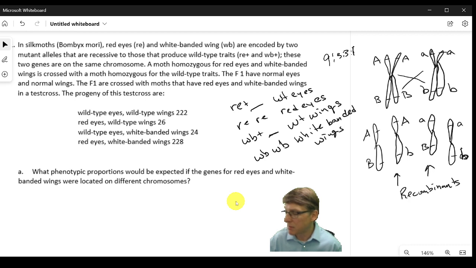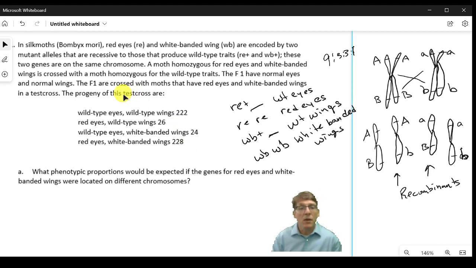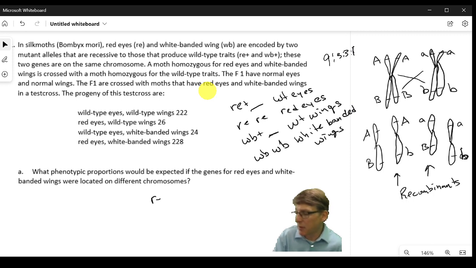Okay. So here we're taking this F1 and crossing it with the homozygote recessive. So what we're doing for a cross is taking RE+ RE, WB+ WB, and crossing it with a moth that's homozygous for the mutant alleles.